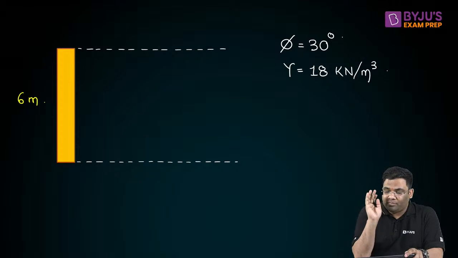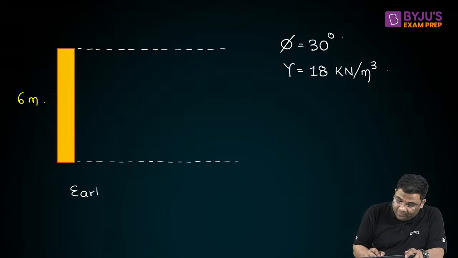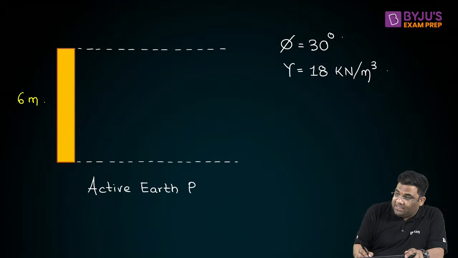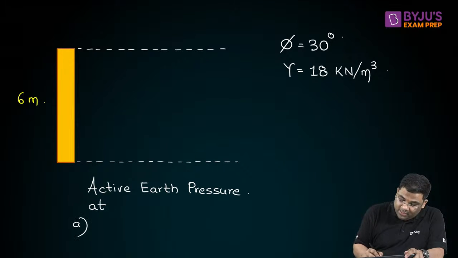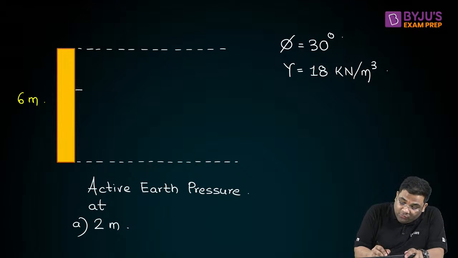Now, first of all, if I ask you to find out the active earth pressure at a particular depth, you can easily find. Suppose I ask you, find out the active earth pressure at a depth of 2 meter.